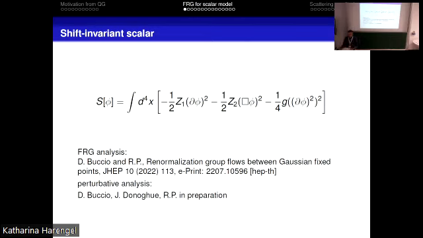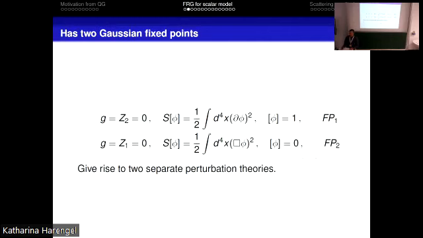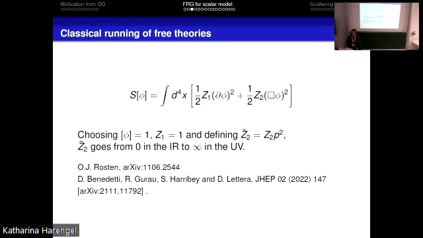But there must be some matching between them. So we have these two points around which we can expand, and with the FRG we can study the flow from one to the other. We can ask the question, can one flow from one to the other? Actually, at the classical level, one can run, and this was already pointed out by Rosten and also by Razvan and Dario in some of their papers.